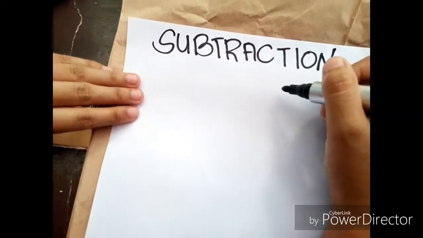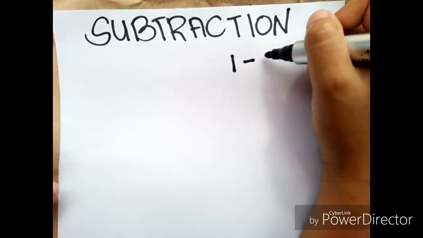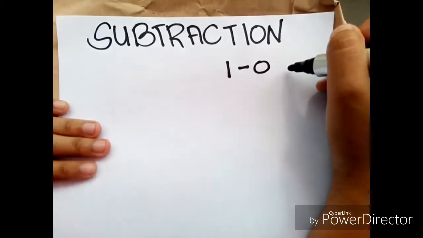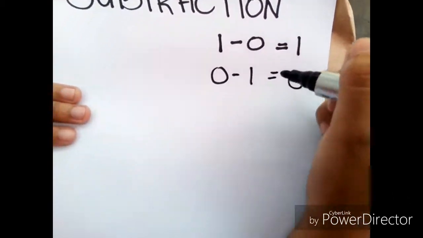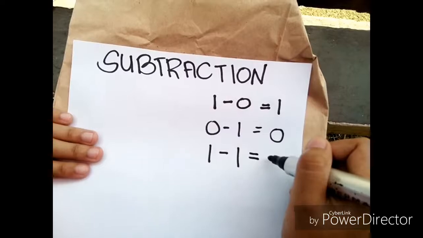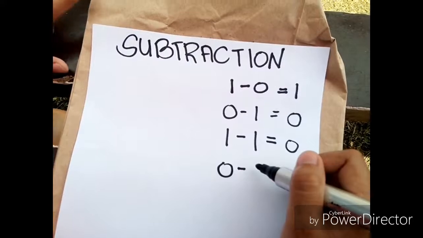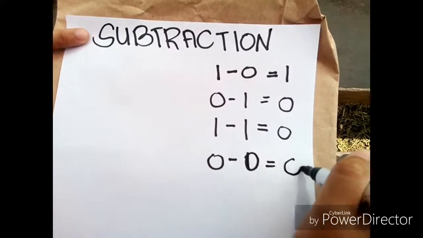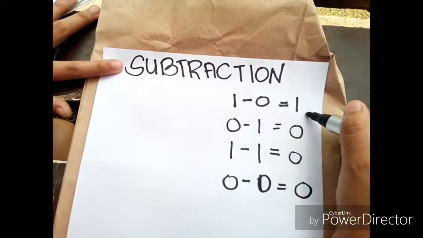So there is a given rule also in subtraction, but we apply this. 1 minus 0 equals 1, 0 is 1 equals 0. 1 minus 1 equals 0, and 0 minus 0, 0, 0, 1, 0 is equal to 0. So I'm sorry for the error. 1 minus 0 is 1 minus 1.